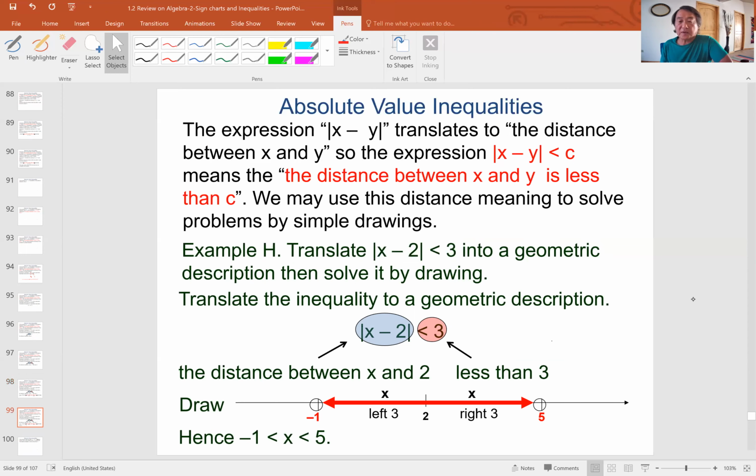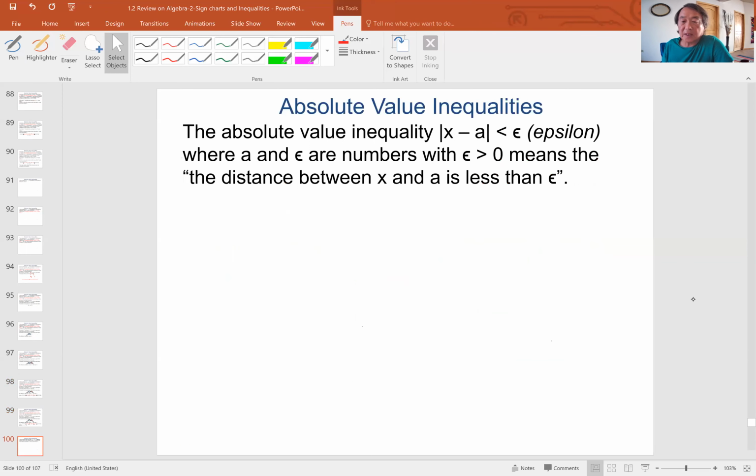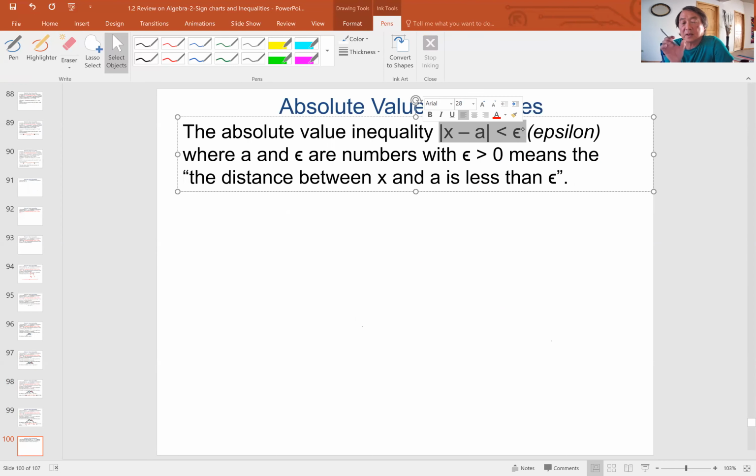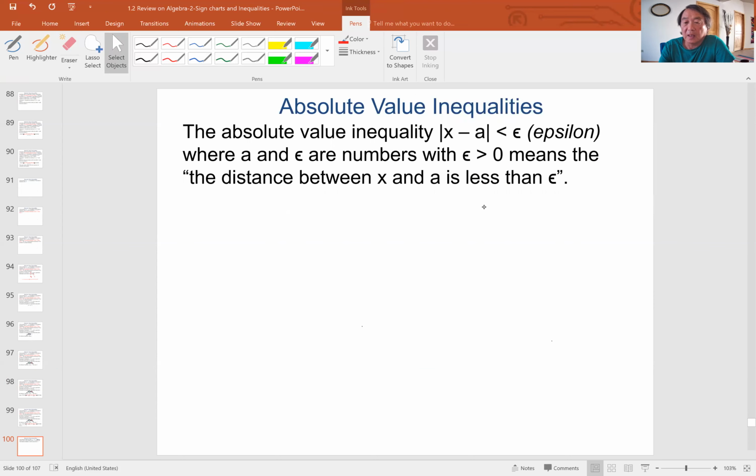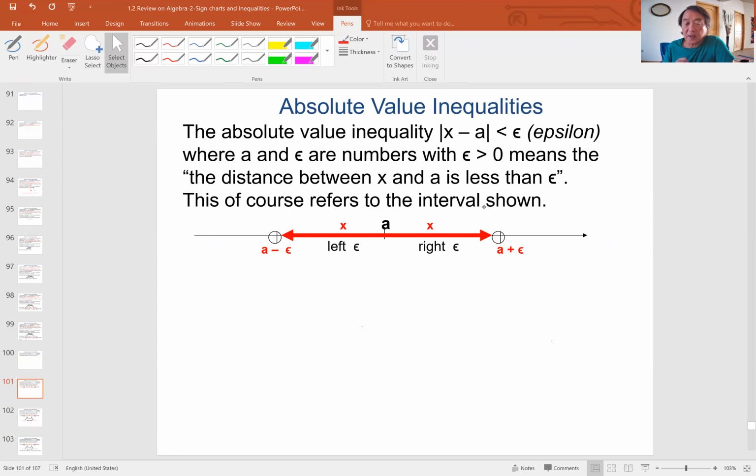And in calculus in general, you will see this absolute value inequality often. This means a little bit of neighborhood around x equal to a.